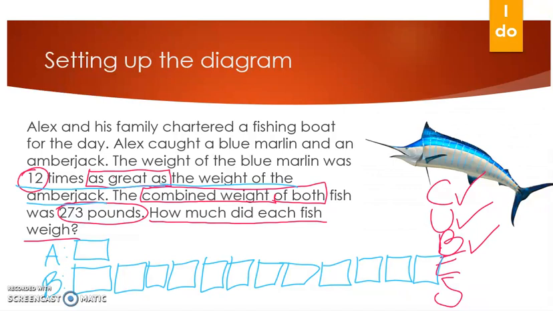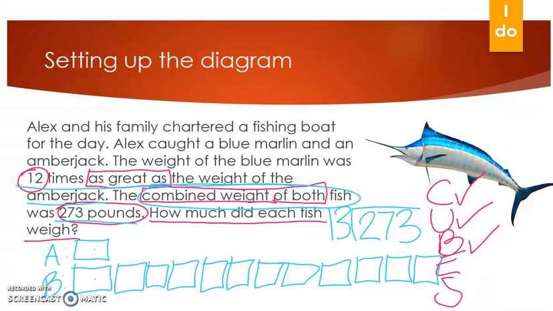If we look back at the problem, we already know that the combined weight of both fish is 273 pounds. So we're going to use the number 273, and we can divide the total weight of the fish, 273 pounds, by the number of boxes we have, which is 13.